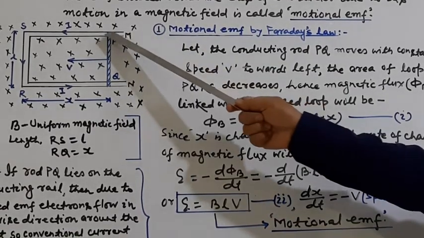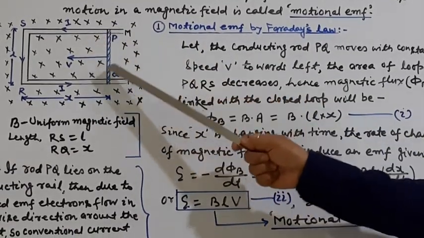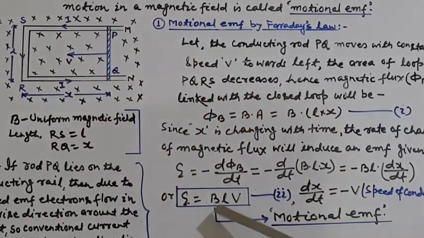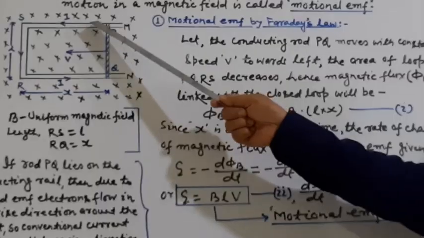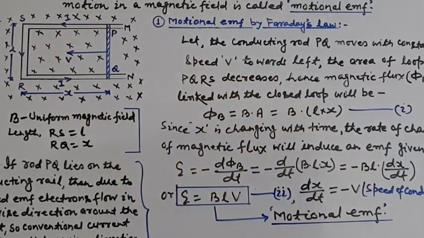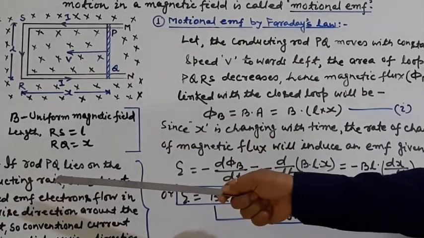This works because it becomes a closed circuit, a closed loop PQRS. So the circuit is closed, and this induced EMF will also induce a current. The direction is shown as anti-clockwise. Why anti-clockwise? I have mentioned it here.